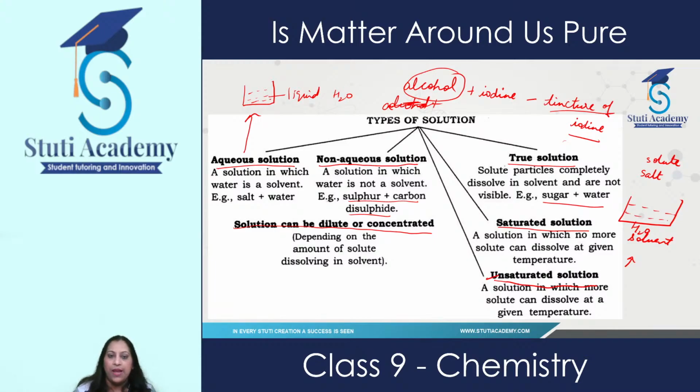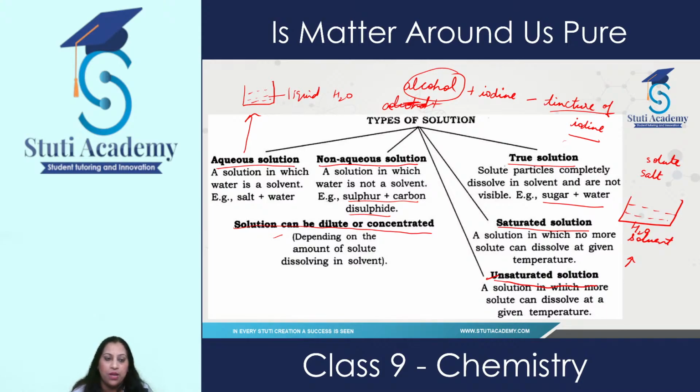So these are the types of solutions, and the next is dilute or concentrated. This type of solution depends on the amount of solute dissolved in the solvent.